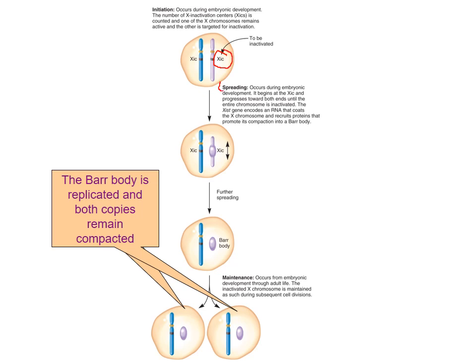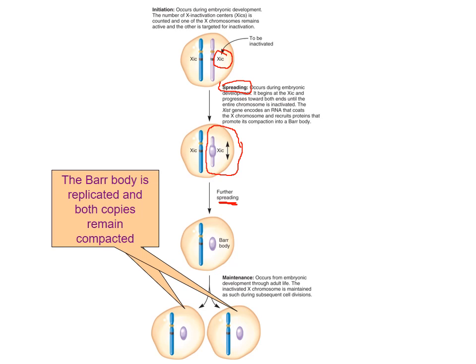This will then initiate the second step, which is our spreading. And with the spreading, we then see that the RNA is going to start coating the chromosome, and you're going to have the expression of the protein that's going to allow our X chromosome to become severely condensed. And the condensing part is what they call the spreading.